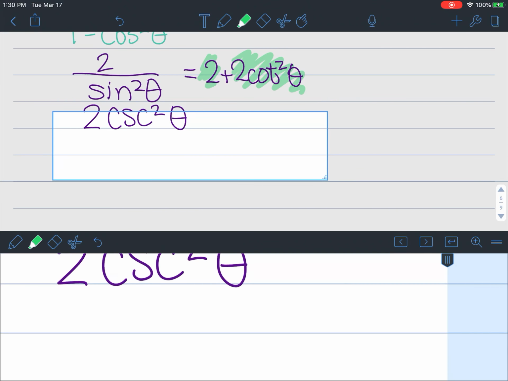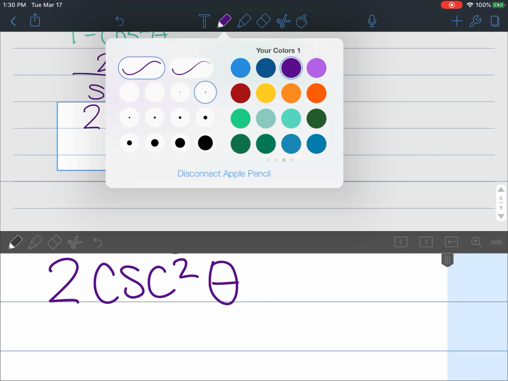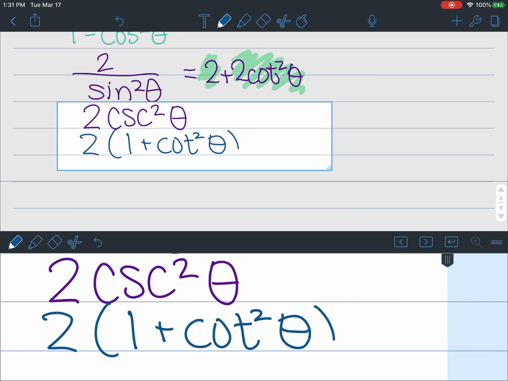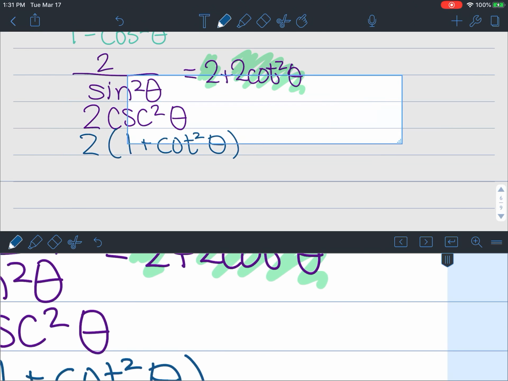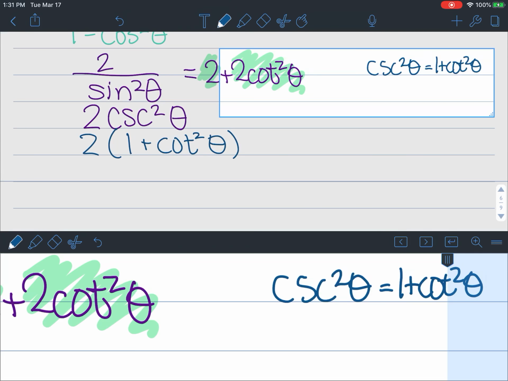So somehow I have to get cosecant squared to be 2 terms. And the easiest way to do that is to change cosecant squared theta into 1 plus cotangent squared theta. And if you don't have this written down somewhere, then you need to. So cosecant squared, I'll write this over here, equals 1 plus cotangent squared theta, just as an aside over here.